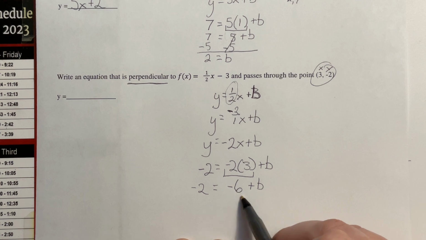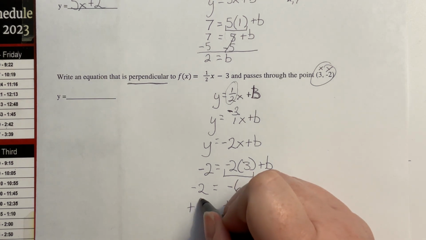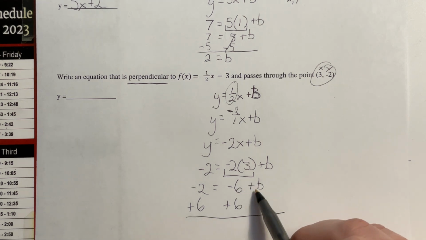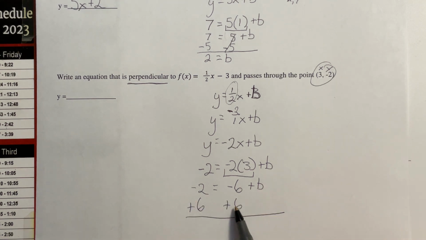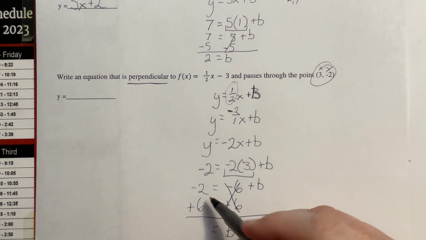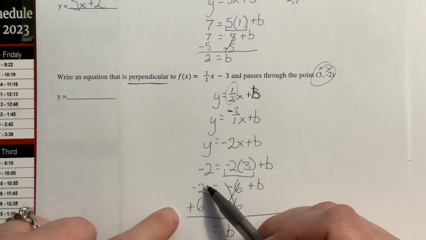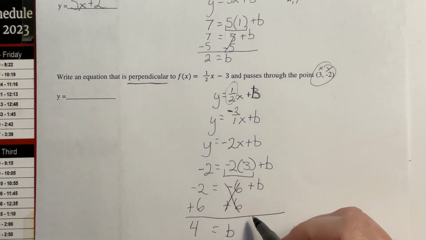Okay, what's the opposite of -6? +6, both sides. Remember, we're always going to take this one, the one that's on the side of the variable. Okay, don't be taking this one away. It's always this guy. Okay, b equals -2 plus 6. Please use your calculator so you won't be confused. -2 plus 6 is 4.